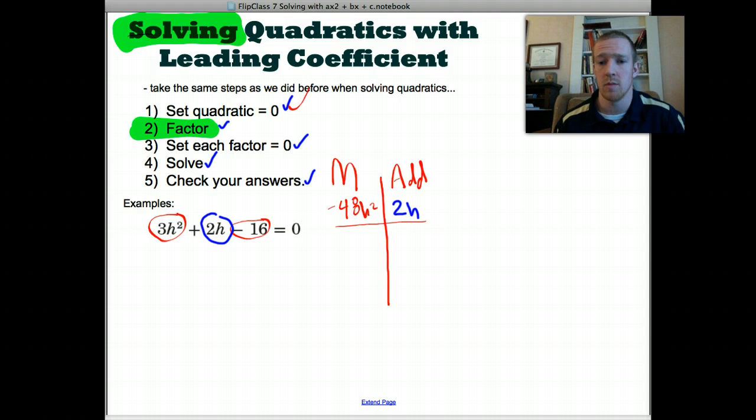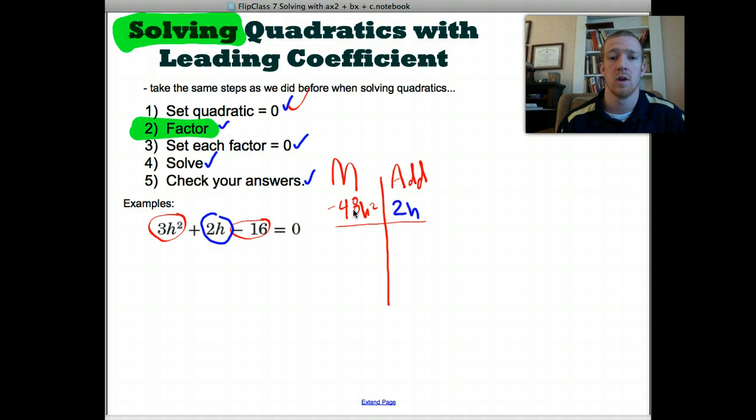Alright, so they have to add up to a 2h. So let's see, what numbers will multiply to a negative 48 and add to a 2? We have to have a positive and a negative, so they multiply to give us a negative. And the bigger has to be positive, so that when we add them, we get a positive result. You could work through all the factors: negative 1 and 48, negative 2 and 24, negative 3 and 16, negative 4 and 12.